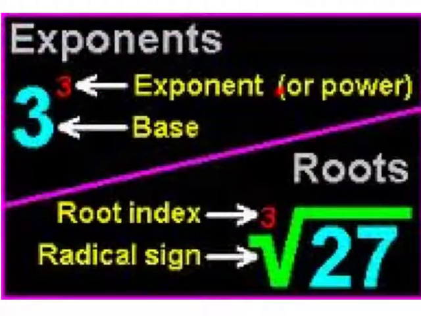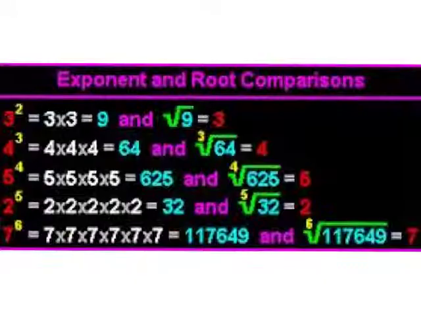And when we have roots, this number is called the index, and then this number that's inside or underneath the radical sign is the base. So let's look at what these mean.